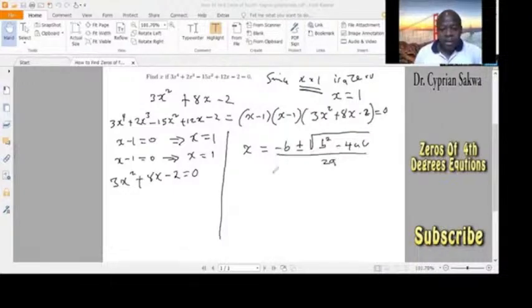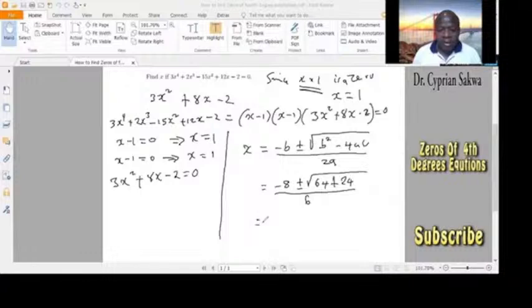Here b is 8, so we have negative 8 plus or minus the square root of 8 squared minus 4 times 3 times negative 2, so it becomes positive 24, over 2a, which is 6, since a is 3. This can be done with a calculator. Inside the bracket we have 88. So what is the square root of 88?